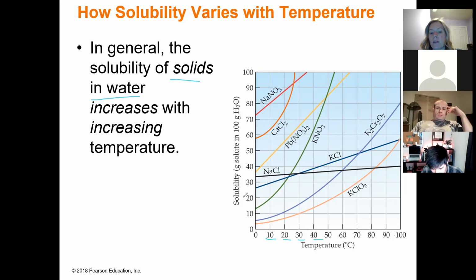The solubility is on the y-axis. You can see that our solubility increases for all these different salts as we increase the temperature. So the warmer the water is, the more salt you can dissolve in it. So water at the equator tends to be saltier than water in the higher latitudes because it's warmer, it can dissolve and carry more of the salt.